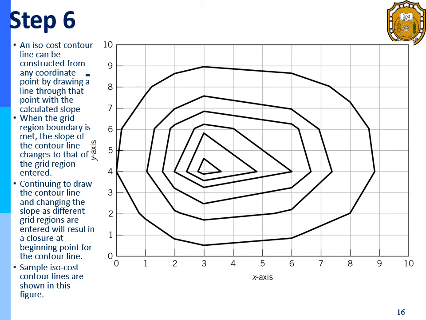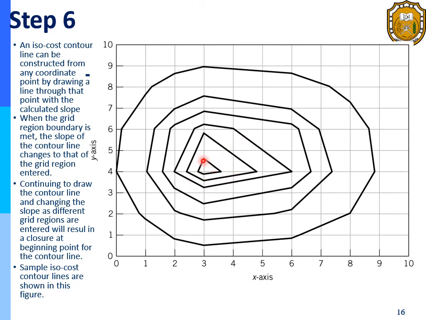The last step is to sketch the isocost contour lines. The isocost contour lines may have different shapes. They can be symmetric mostly, but sometimes they are not symmetrical. And this is an example of the isocost line for the given example. And what does it mean?